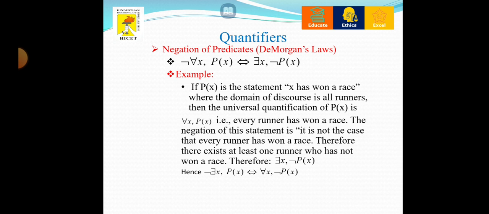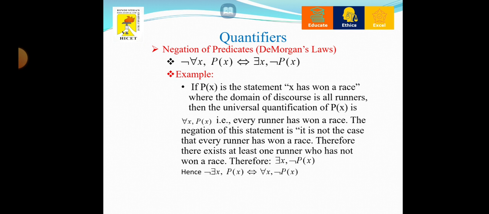If P of x is the statement x has won a race, where the domain of discourse is all runners, then the universal quantification of P of x, for all x P of x, means every runner has won a race.